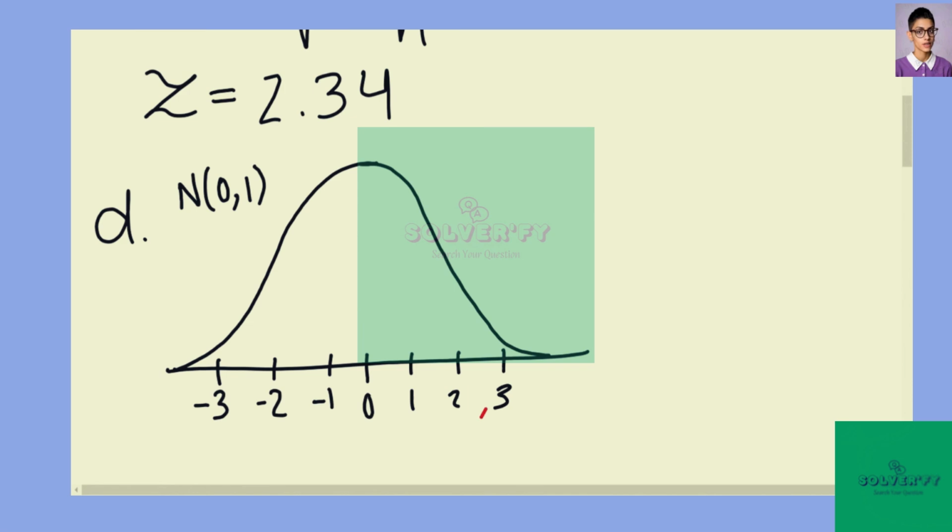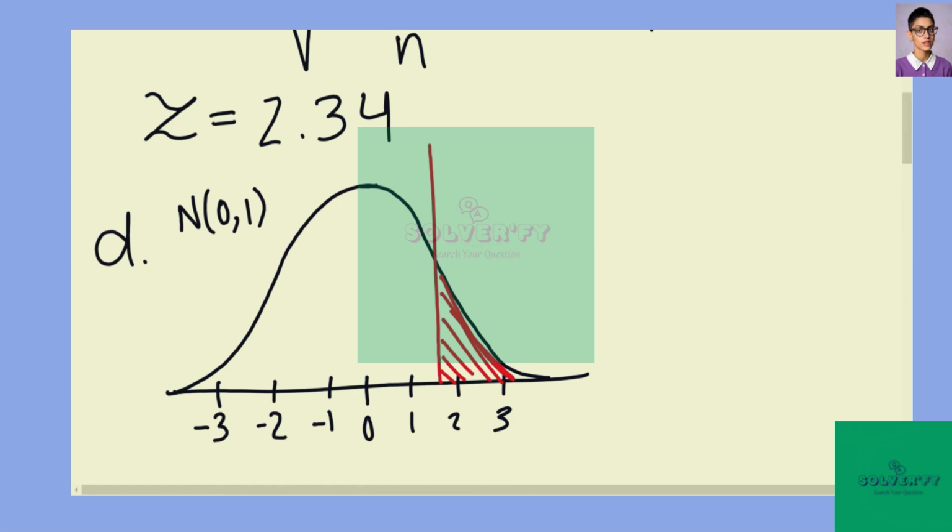It's positive 1.64, however. And next we'll put our test value, which is 2.34. Just about here and above. Now we can find our p-value, so the probability that z is greater than or equal to 2.34.